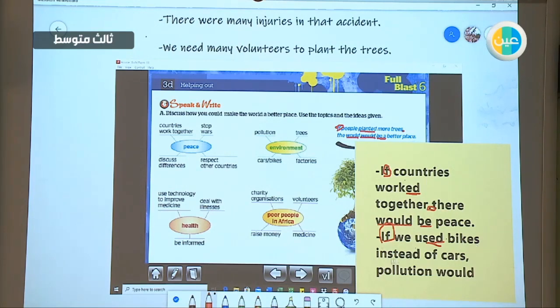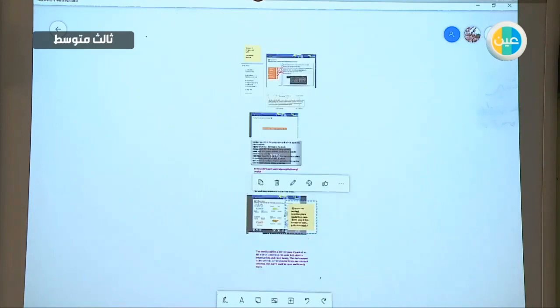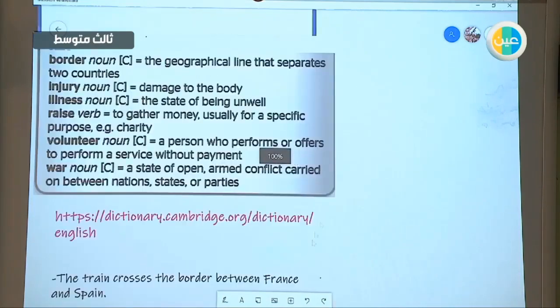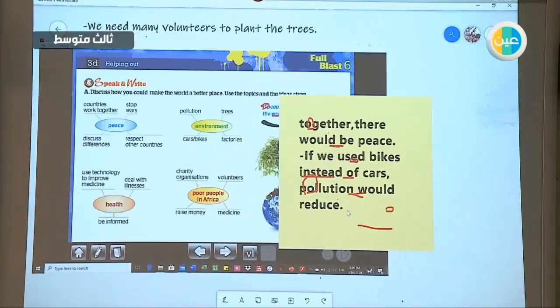If we use bikes instead of cars, comma, then the main clause: pollution would stop. Or would reduce.